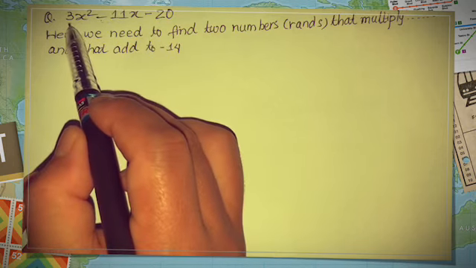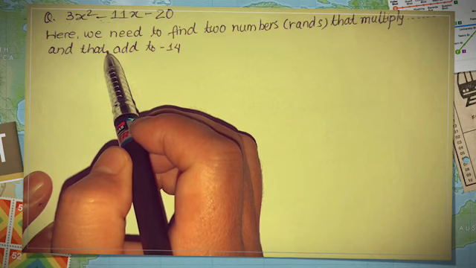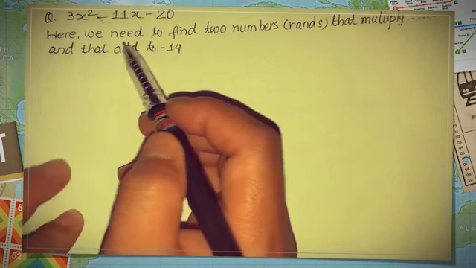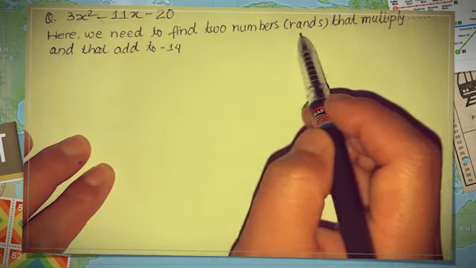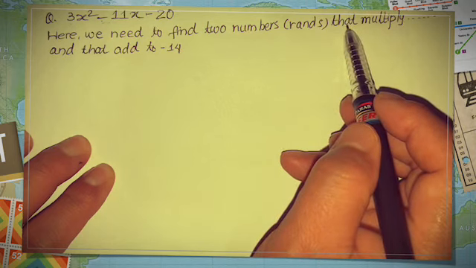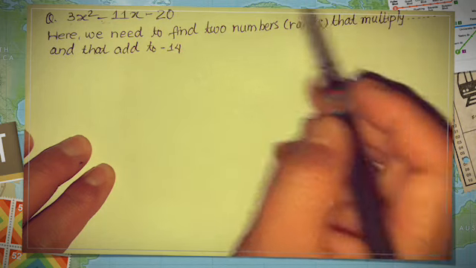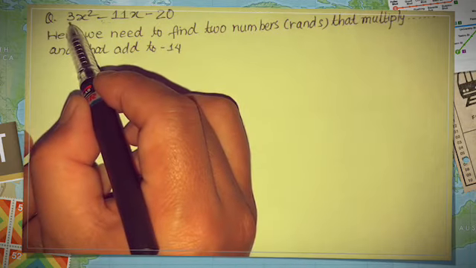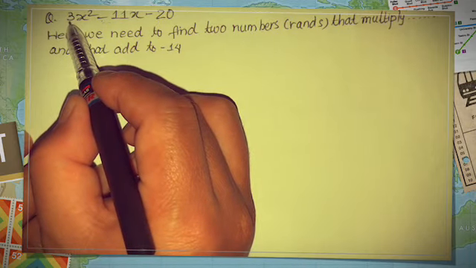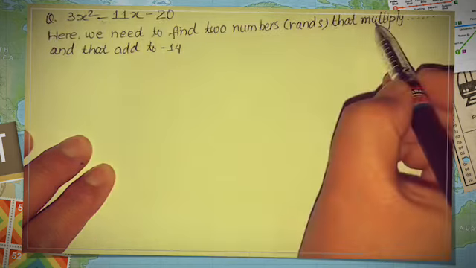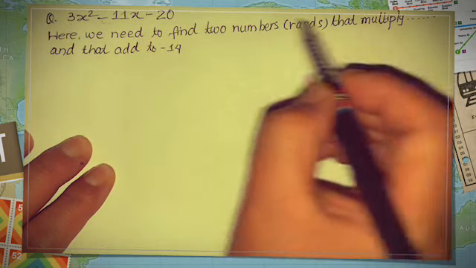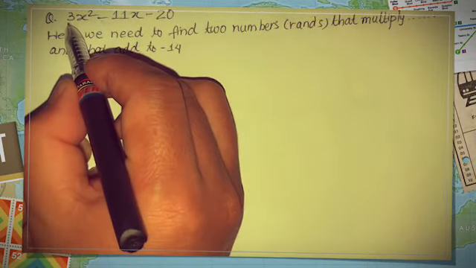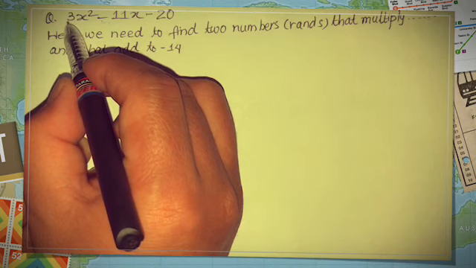They are used here to make the conditions. So we need to find the two numbers R and S that multiply, not to minus 20 here, because the leading coefficient is 3 here.